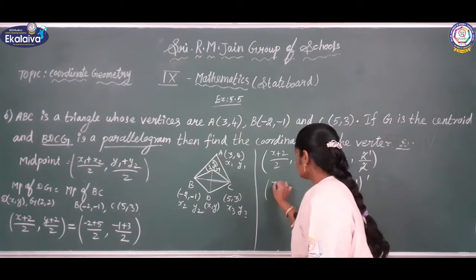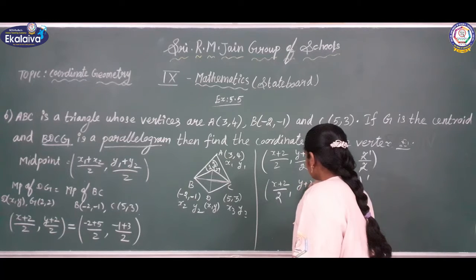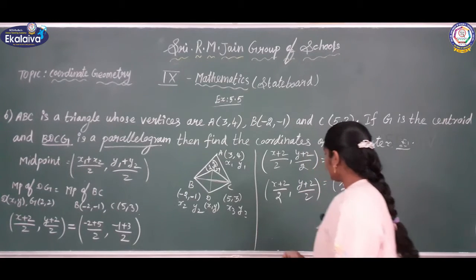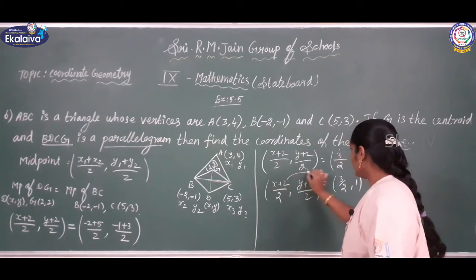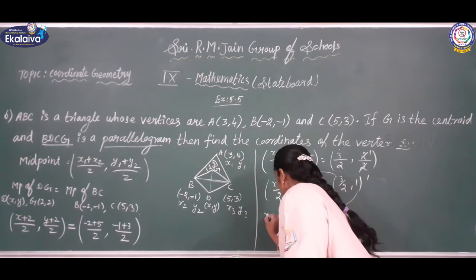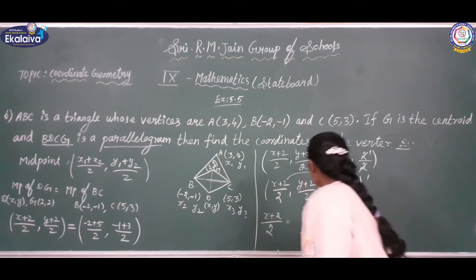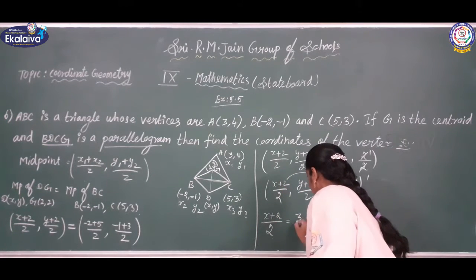Just equate this (x plus 2)/2 comma (y plus 2)/2. Just equate the x coordinates with x and y coordinates with y. Okay. So (x plus 2)/2 is equal to 3/2.